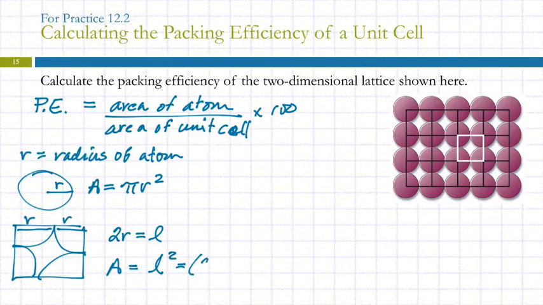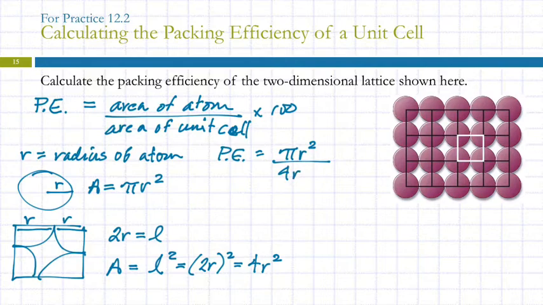So that's going to be 2R, the quantity squared, which is 4R squared. So packing efficiency, the area of the atom, pi r squared, divided by the area of the cell, 4r squared, times 100.